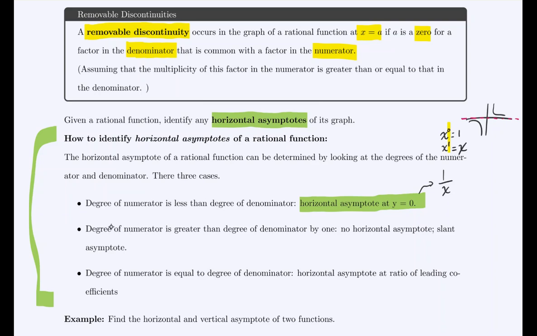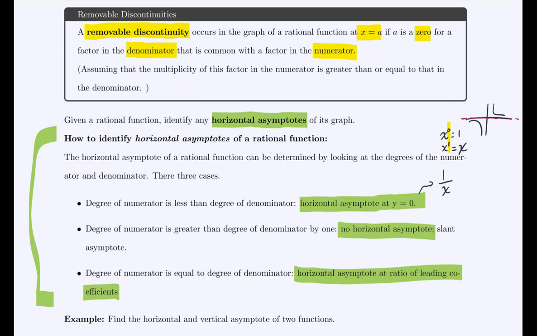Next, if the degree of the numerator is instead larger than the degree of the denominator, then there is no horizontal asymptote. Okay. Now, if the degree of the numerator and denominator are equal, then the horizontal asymptote occurs at the ratio of the leading coefficients. We'll see an example of this. But notice with a rational function, you've got some polynomial divided by another polynomial, so there's only 3 cases.